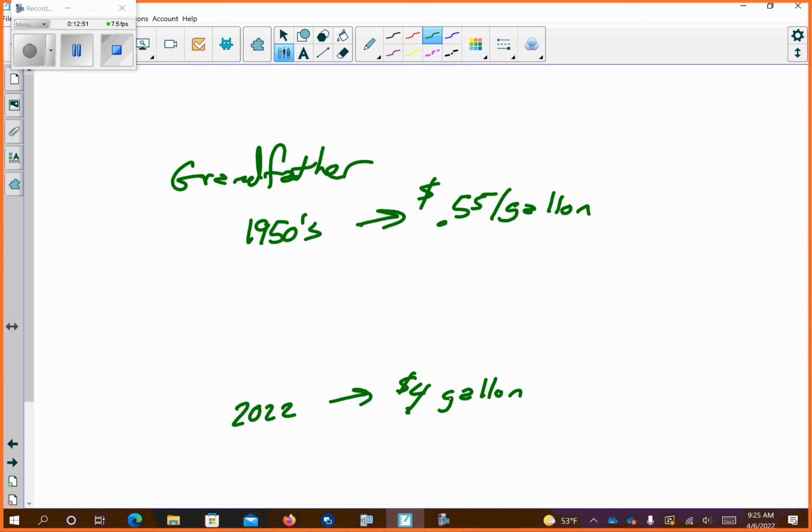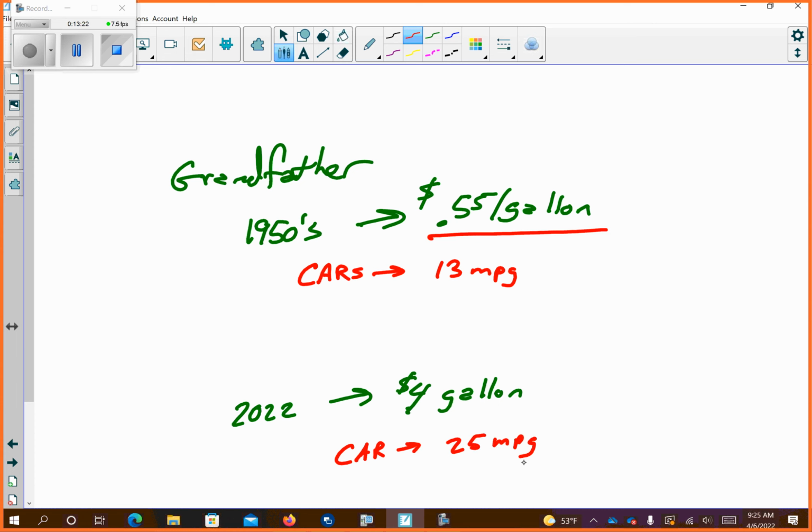So, I thought this was an interesting perspective. Obviously, we would love to pay 55 cents a gallon. But the cars back in the 50s had an average of 13 miles per gallon, whereas cars of today have more of a 25 miles per gallon. Yes, I understand there are cars that get more than that and some that get less, but they're saying the average is that.